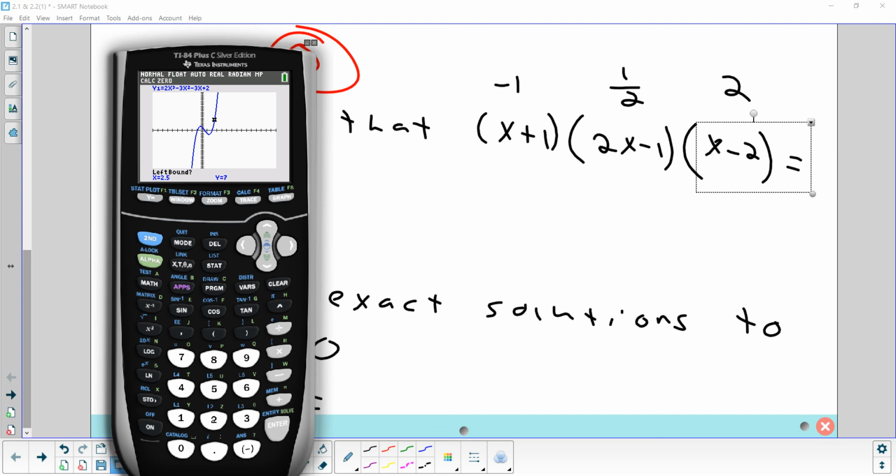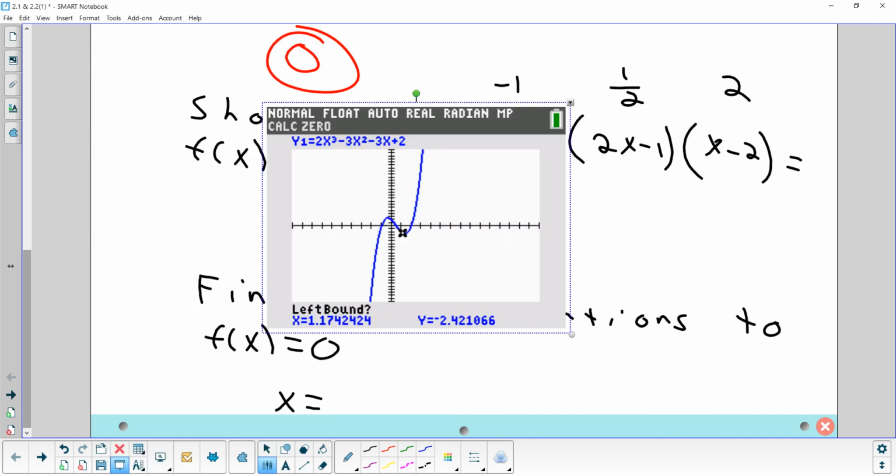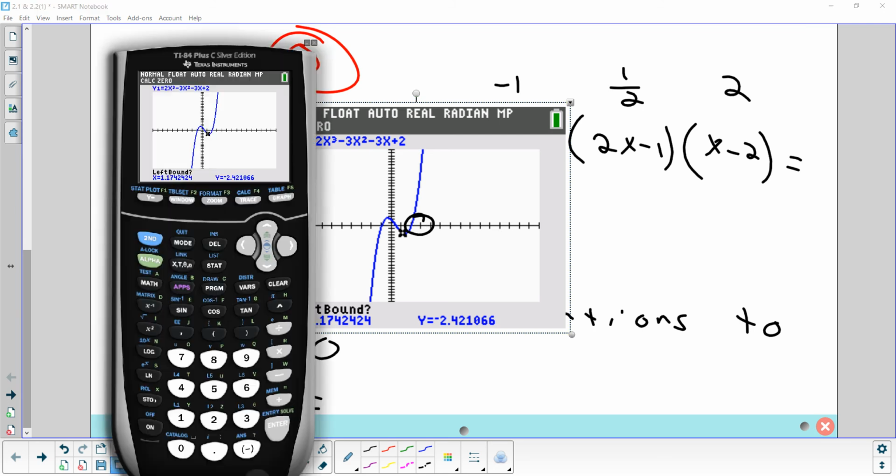And the way that it works is you're going to have to hit enter 3 times in different spots. First thing you have to do is pick a point that you know is to the left. I'm going to do this one over there. So pick a point that you know is to the left of the root you're trying to find. Pick a point that you know is to the right.